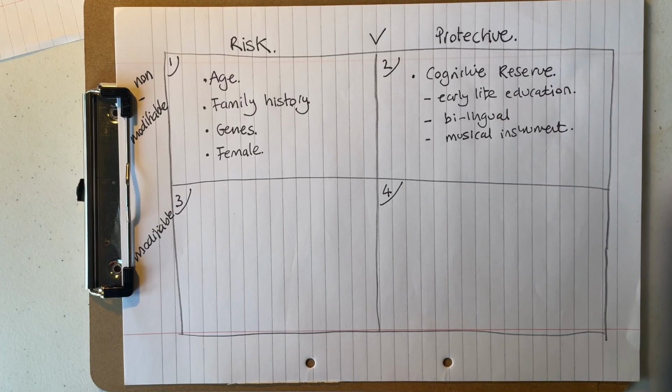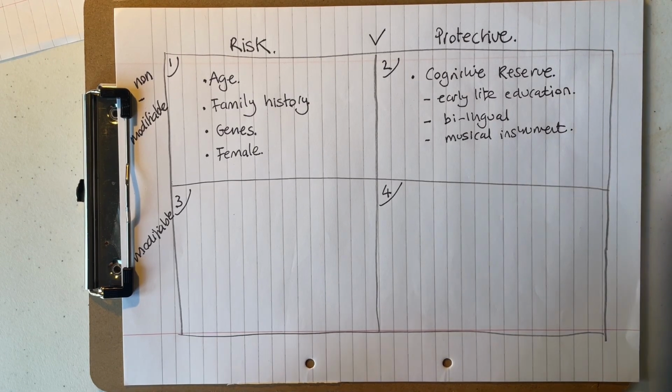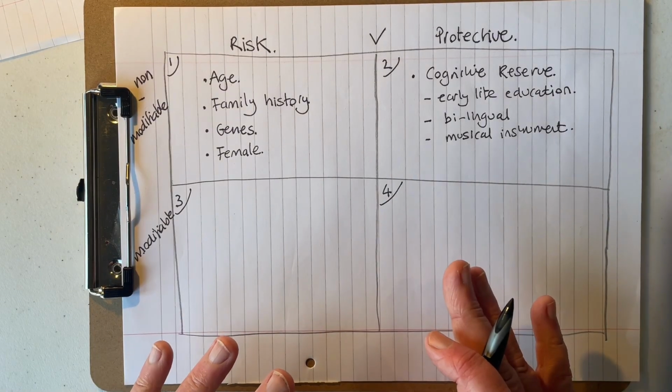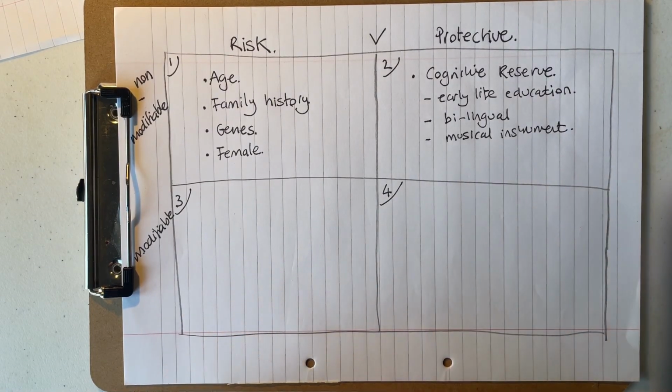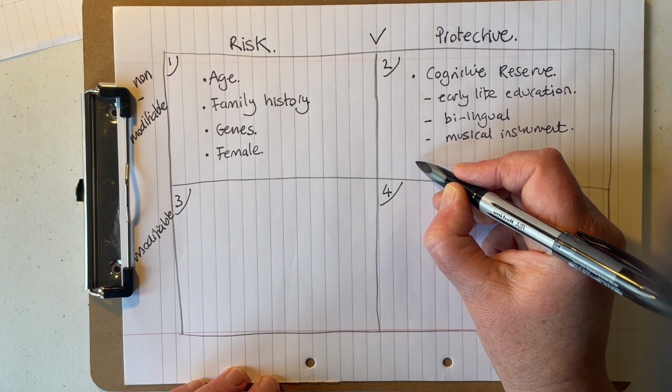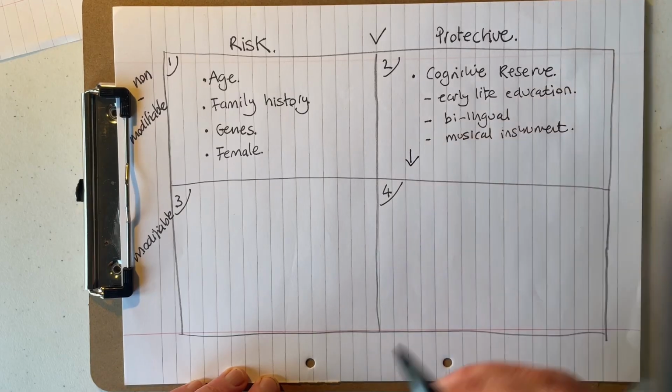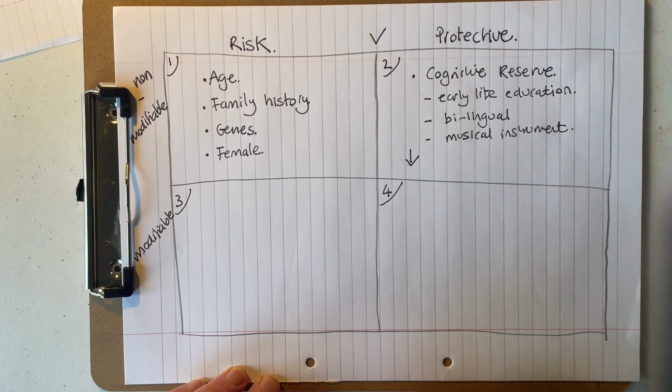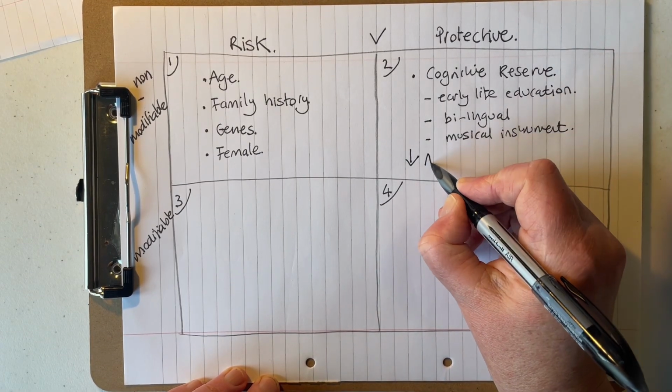Another one I want to put on there is, and it can go on both sides really, it's to do with trauma. So I'm going to put it here. So the less trauma you've had, and I'm going to write the word ACEs, don't be put off by that.